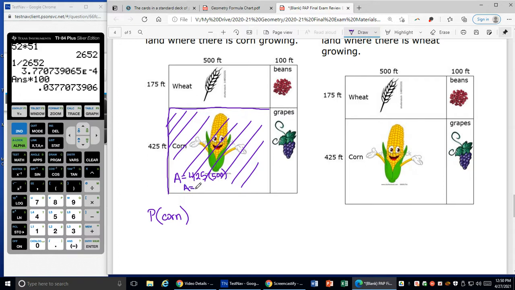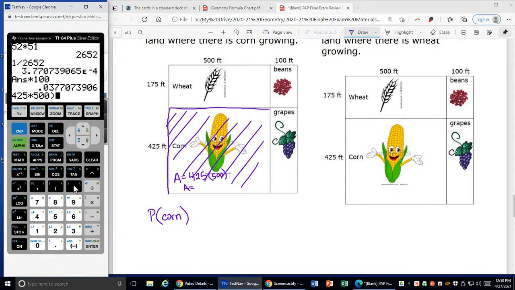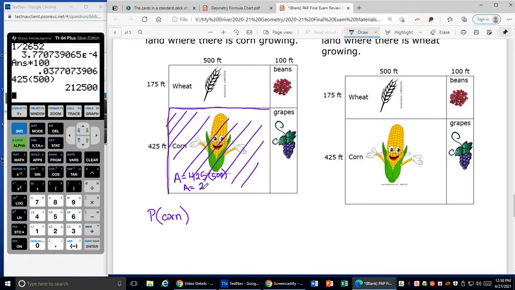My area, 425 times 500, oops, there we go, is a really big number, 212,500. So that's my favorable area, 212,500, over what's the total area that the bird's going to land in if it just lands randomly in the field.